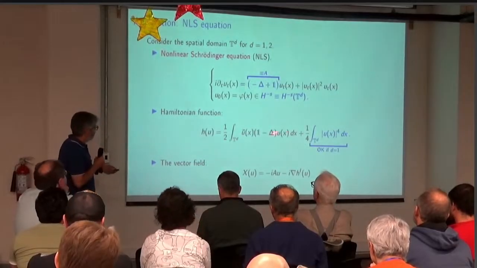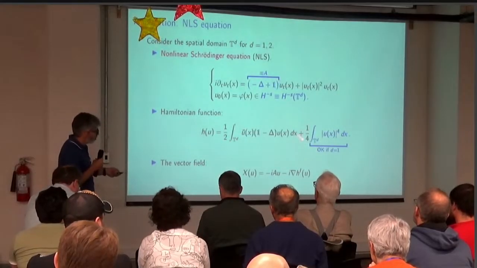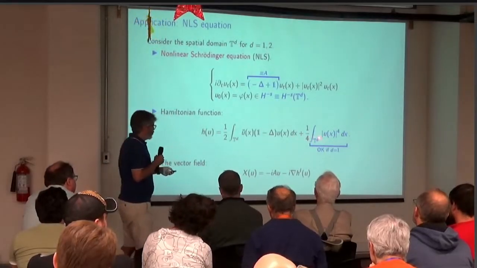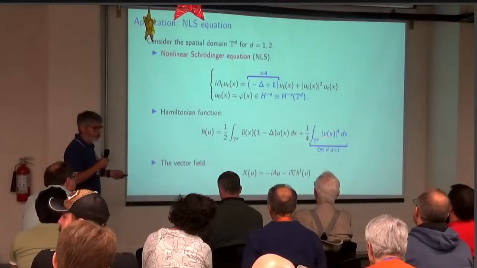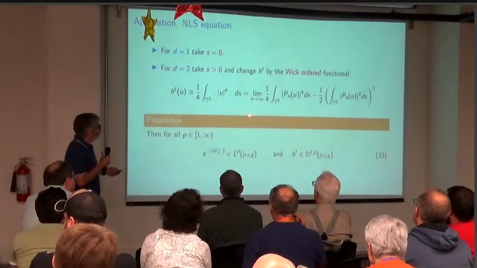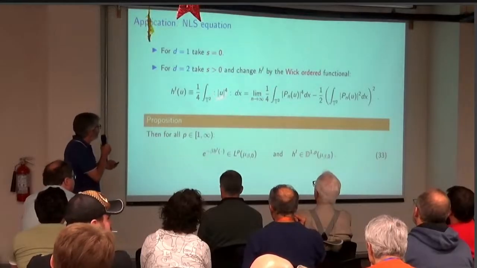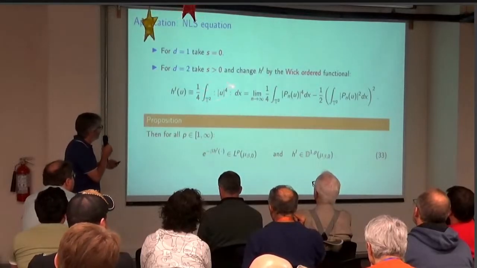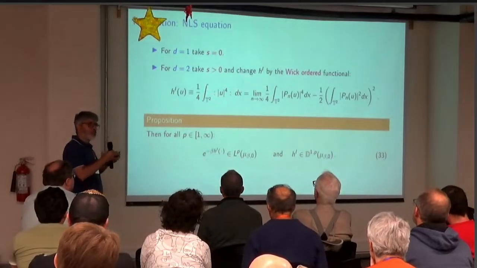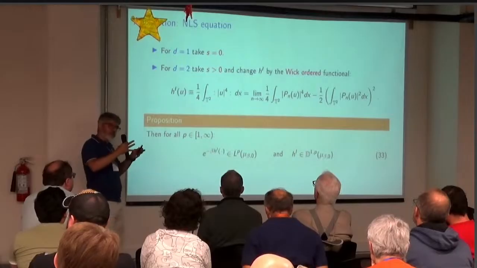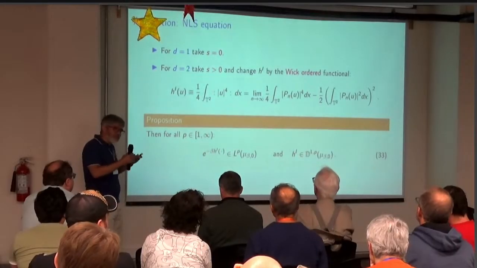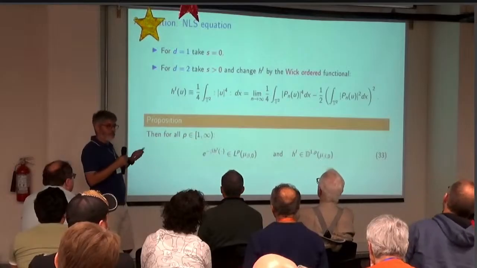So the Hamiltonian looks like this, a natural thing. It's a cubic equation, a cubic nonlinear Schrödinger equation. You define this in dimension one. However, in dimension two, you need to build a sort of renormalization of these cubic nonlinearities by some argument: you cut to a finite number of modes, and then you subtract the self-energy, and then you build something that is in the right spaces.